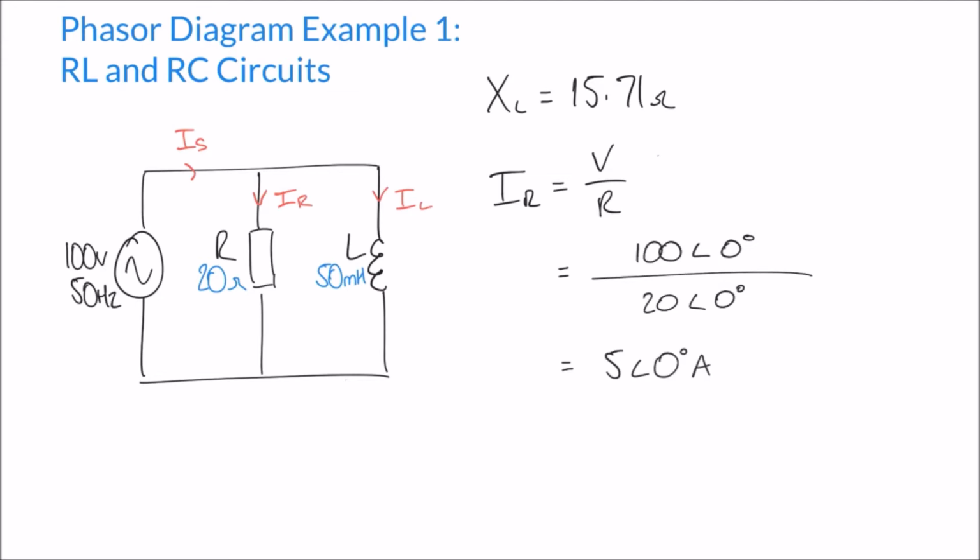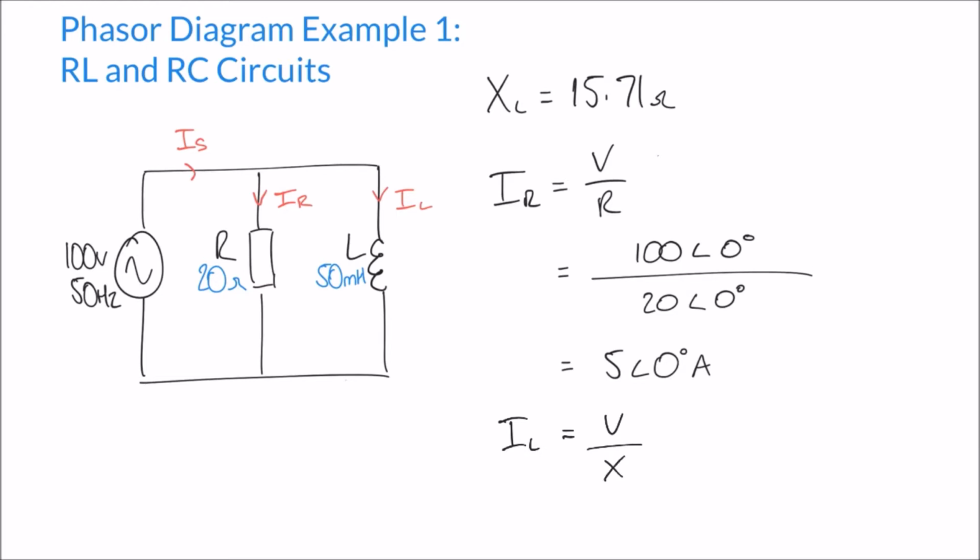We're going to do the same for IL now. Something to bear in mind is IL is traveling through our inductor here. And so our inductor is not a real impedance at all. It's an imaginary reactance, or an imaginary component of our impedance. And so first of all, our IL is going to be expressed as voltage over reactance.